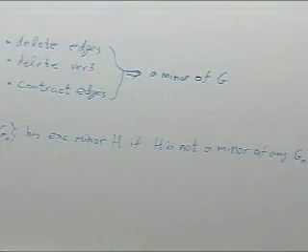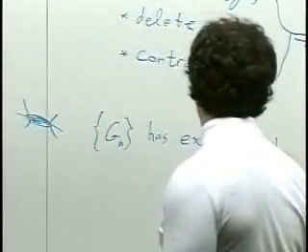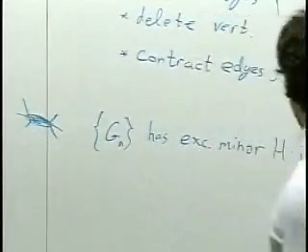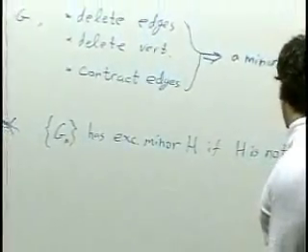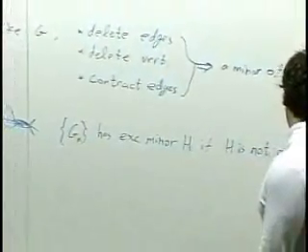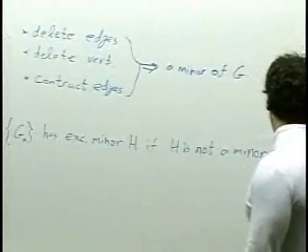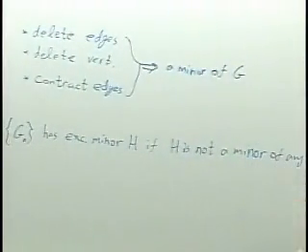So a family of graphs G_n has an excluded minor H if H is not a minor of any of the G_n's.